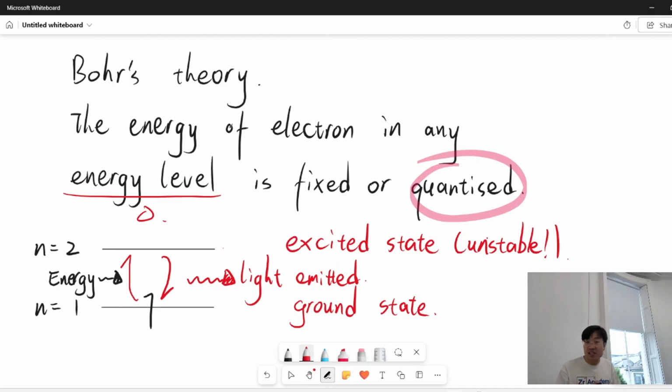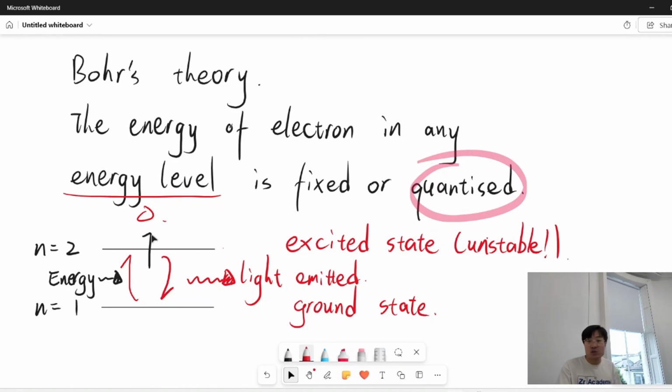And this is basically what we call Bohr's theory. Now, electrons generally stay at the ground state, but if there's any energy coming and the energy is strong enough, then the electron can jump from the ground state to an excited state like this.